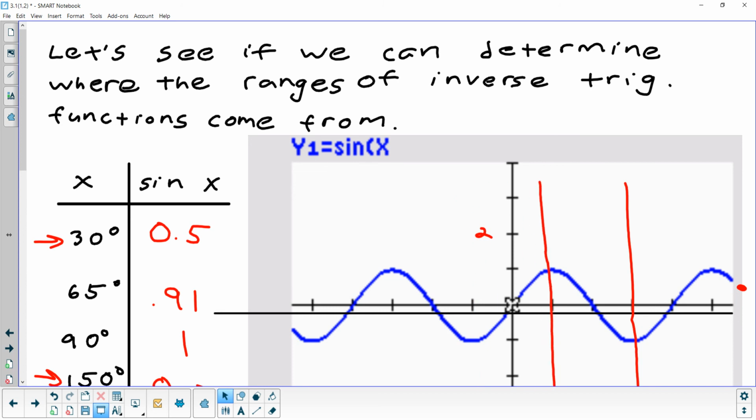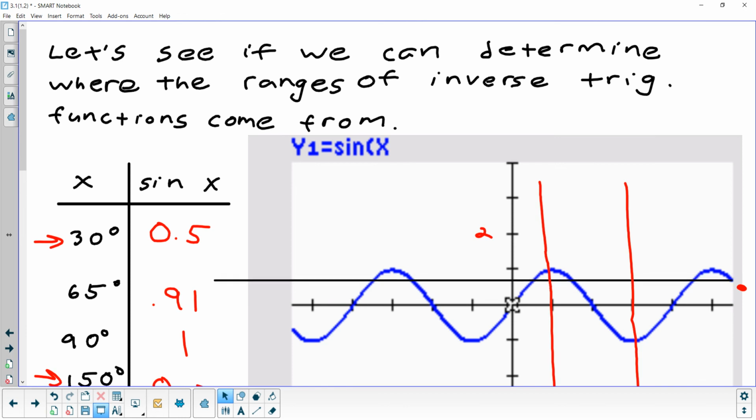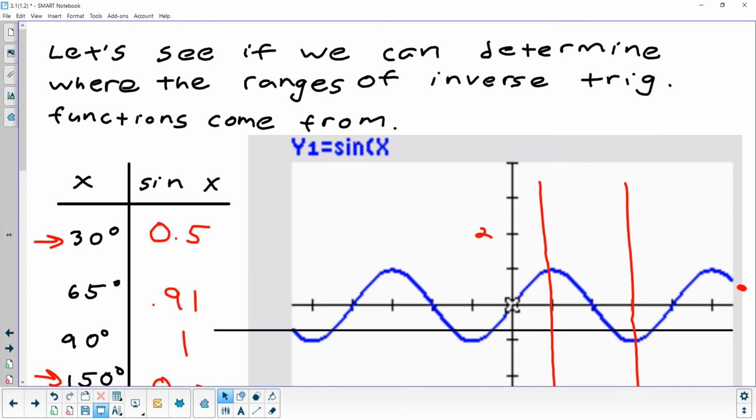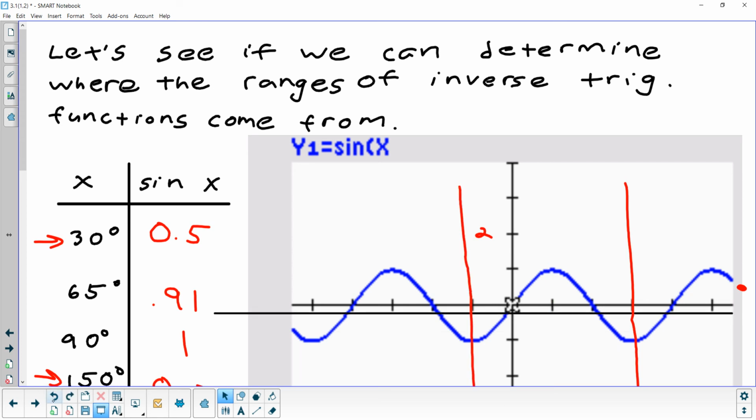Sure, you could, and you would only get one answer, but that's not the area that we normally use. It's not wrong to use that area, it's just not the one that anybody really uses. The one that we're using is exactly the same one that a calculator would use. It's always going to give you the answer that's on that part of the blue wave. That's just the way it works.